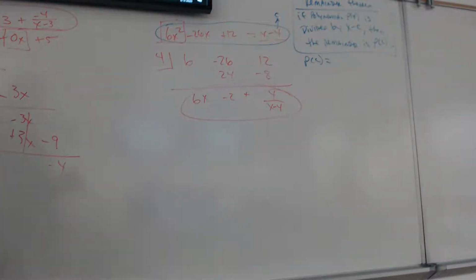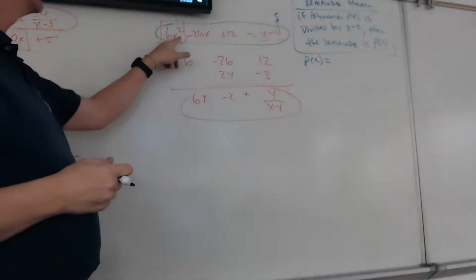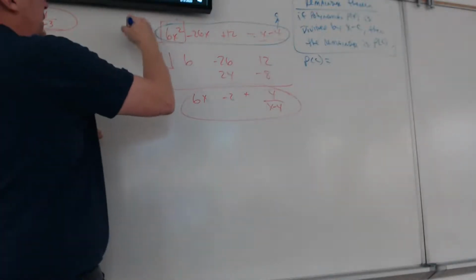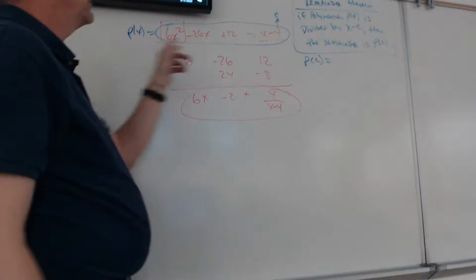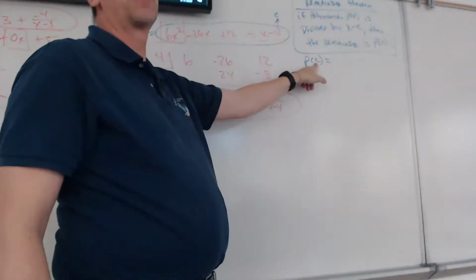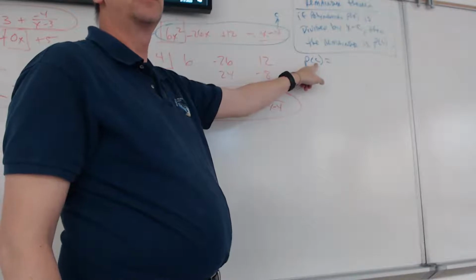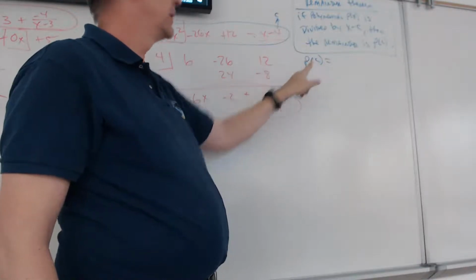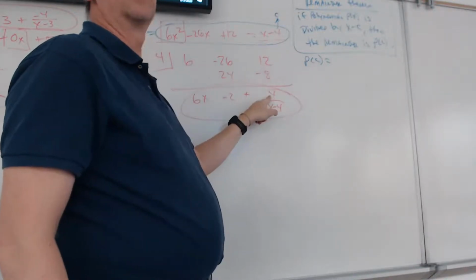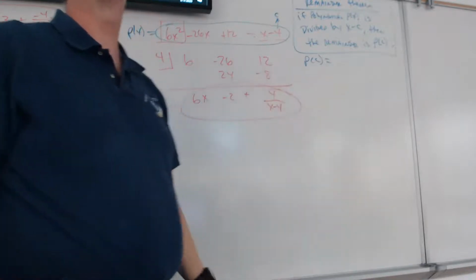I'm sorry, what's the question? So if this is P, we're going to call this P of X. I want you to find P of C. Now I'm going to tell you what the answer is before you even do it. It's 4. Okay? So this is another way just to find the remainder.